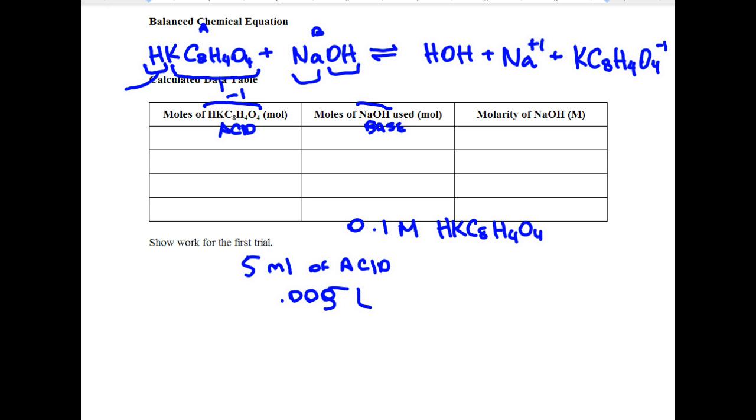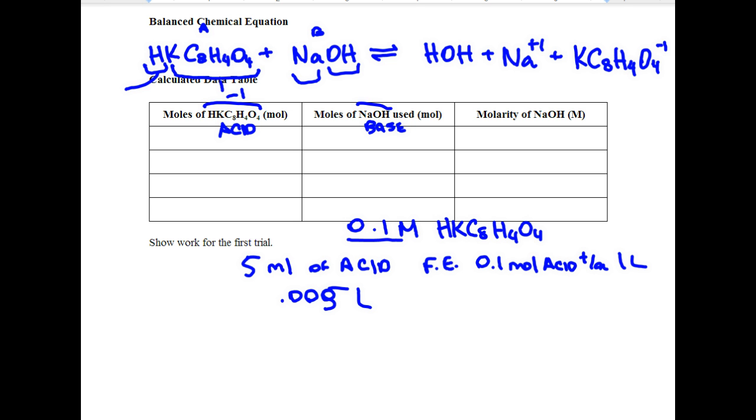We can figure out how many moles were used by putting another for every statement. So for every, we use the molarity that we have here, 0.1 moles of acid, there are 1 liter. And that's the case you always have with molarity, period. So as soon as we see 0.1 molar, we write out that for every statement.